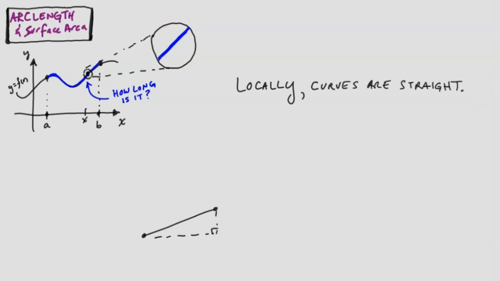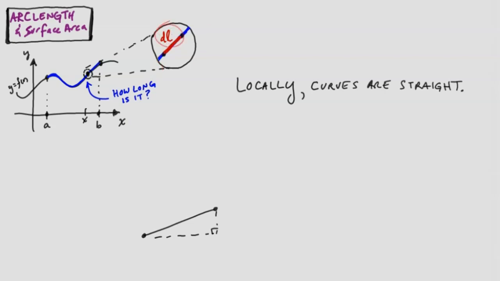Well, this is great because, as we said before, we know how to deal with length when we're dealing with line segments. So down on this infinitesimal scale, let's cut off an infinitesimal bit of arc length. And because it is a little bit of length, I am going to call it dl. L, of course, for length, and the d tells us that we've got just an infinitesimal bit of length. Okay, now how is this going to help us?